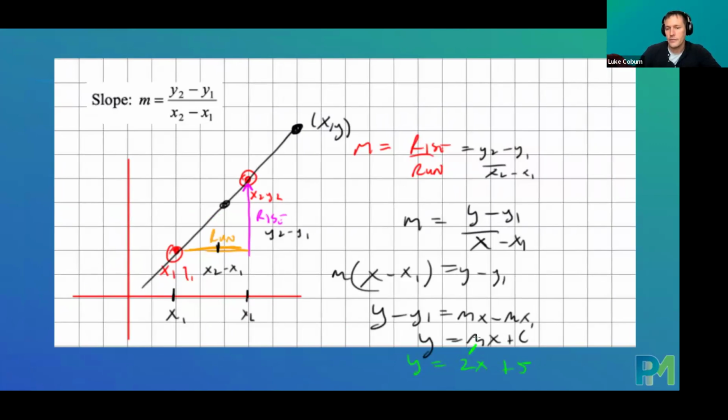The number in front of the x, that coefficient, is the slope, and the other coefficient is where it intersects the y-axis. So it might be like this: 1, 2, 3, 4, 5, with a slope equal to 2. So that might be our line then, right? We can quickly get what we need to draw the line if we represent it in this form.